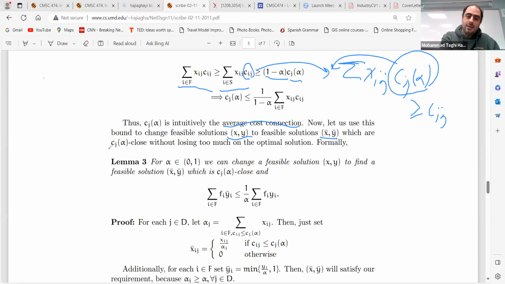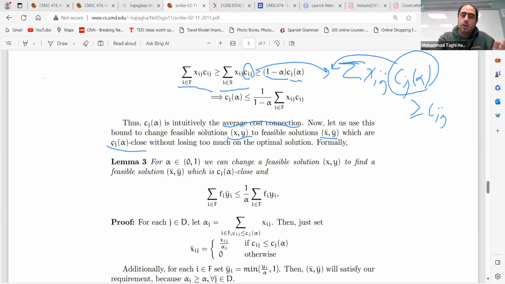such that these are Cj alpha close. What's the meaning of that? It means that all these facilities serving a client would be Cj alpha close to that client.